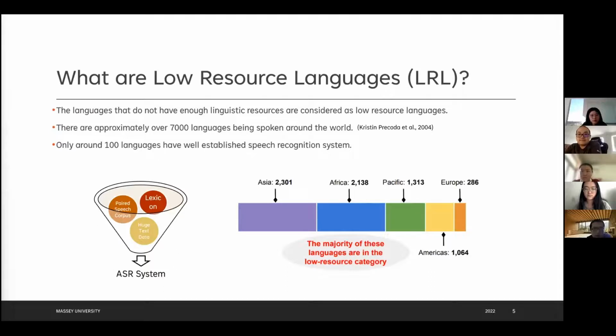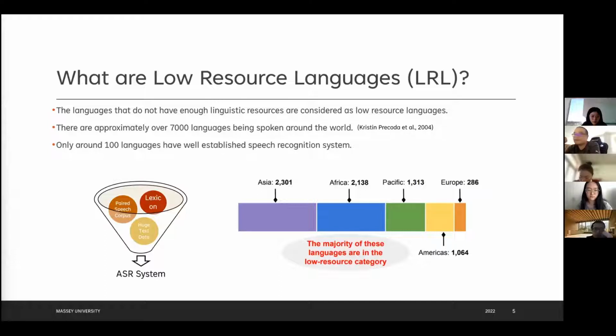Now, what are low resource languages? There are many definitions of low resource languages. What we are defining here is from the perspective of speech recognition. The languages that do not have enough linguistic resources needed for building ASR systems are considered low resource languages. These linguistic resources include a paired speech corpus, which means speech utterances and their corresponding labels, a lexicon or pronunciation dictionary, and a huge amount of unpaired text for language modeling.